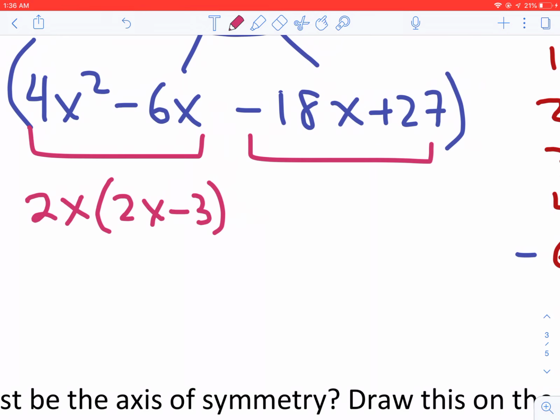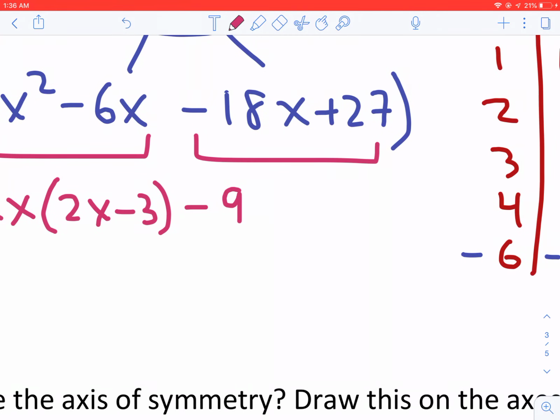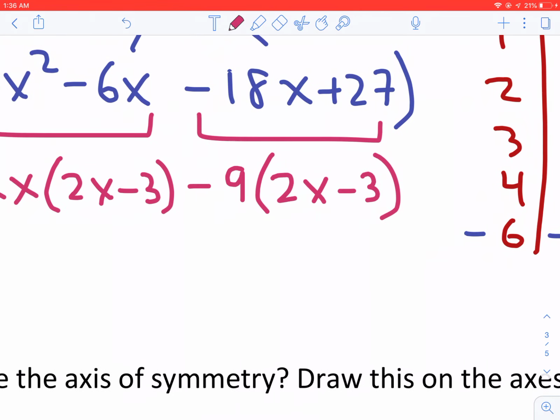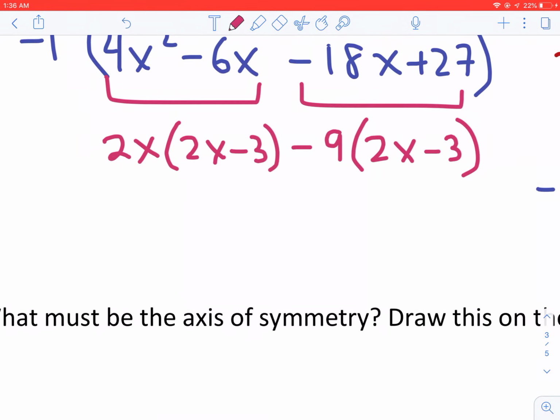The GCF of 18 and 27 is a 9. That's a negative 18x, so I want to take out a negative with it. Always the same sign there. I'm going to have a 2x, and then negative 3 times negative 9 gives us positive 27. So again, these should always be the same, and they are the same. So we're happy.